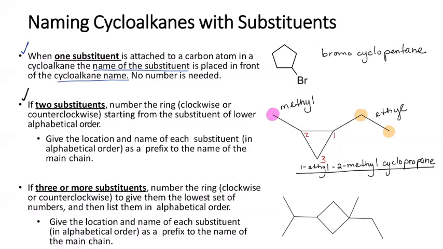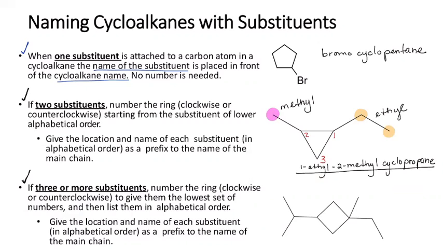Let's explore now, what about if we have 3 or more substituents? Understand, in this class, I give you guys up to 3 substituents in a ring system. So when you have 3 or more substituents, you're going to number the ring.